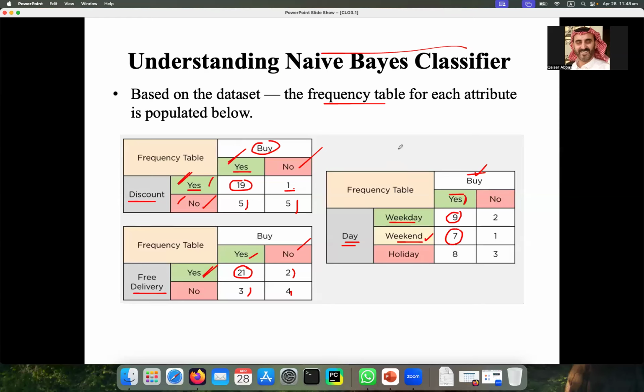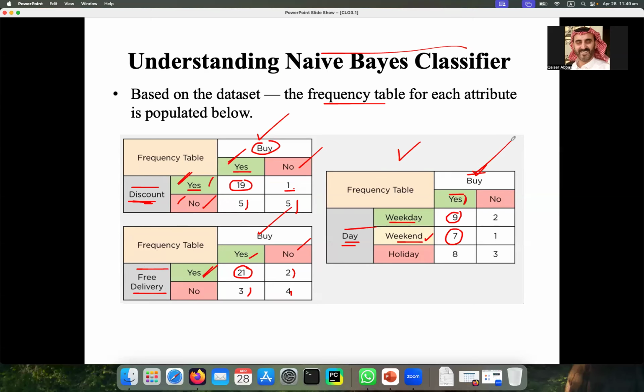So now you have prepared all these frequency tables first. This is independent, this is dependent. This is independent, this is dependent.